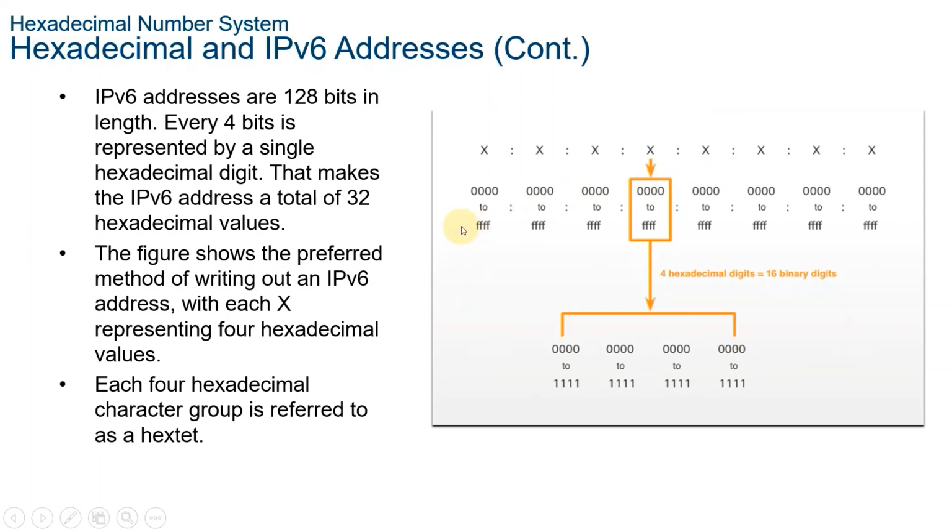When referring to 8 bits of an IPv4 address, we use the term octet. In IPv6, a hextet is the unofficial term used to refer to segments of 16 bits or 4 hexadecimal values. Each x here is a single hextet, 16 bits or 4 hexadecimal digits.